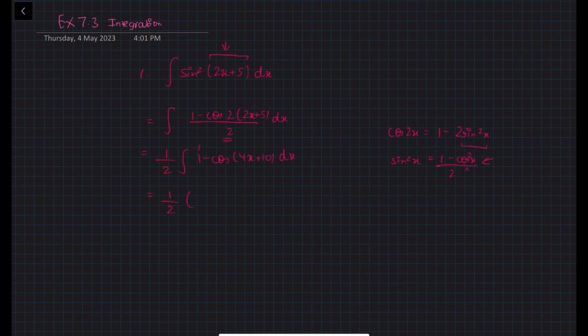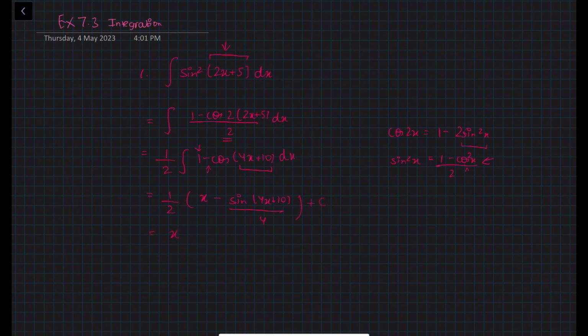The integral of 1 is x, and for cosine of 4x plus 10, it's minus, because the minus is here, and then sine of 4x plus 10, and we have to remember to divide by the derivative of this because of the inverse chain rule. The derivative of 4x plus 10 is 4 and the plus c.